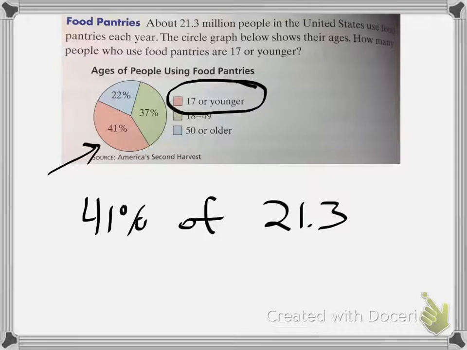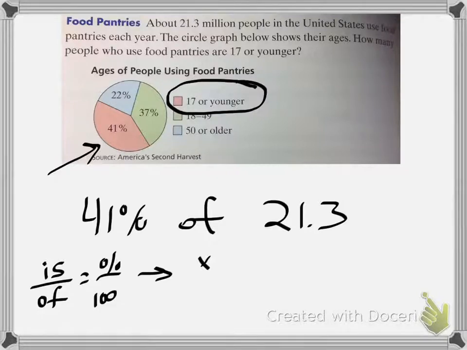So what I would do is multiply 41% of 21.3. Now, you might do it a different way. You might actually use is over of equals percent over 100, where my is is something I'm trying to figure out, and my of is 21.3 million.